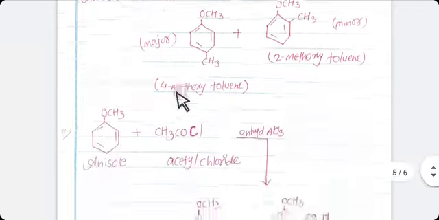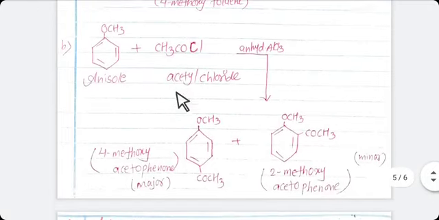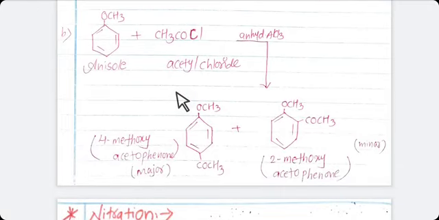The next reaction is Friedel-Crafts acylation. Means anisole reacts with acyl chloride. The example of acyl chloride we are using here is acetyl chloride.